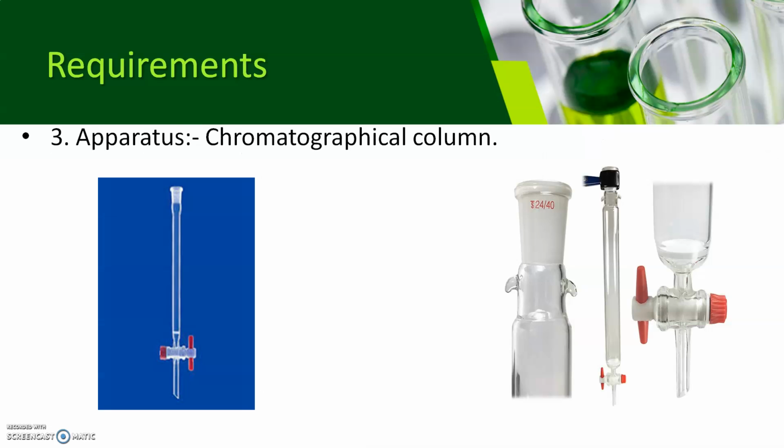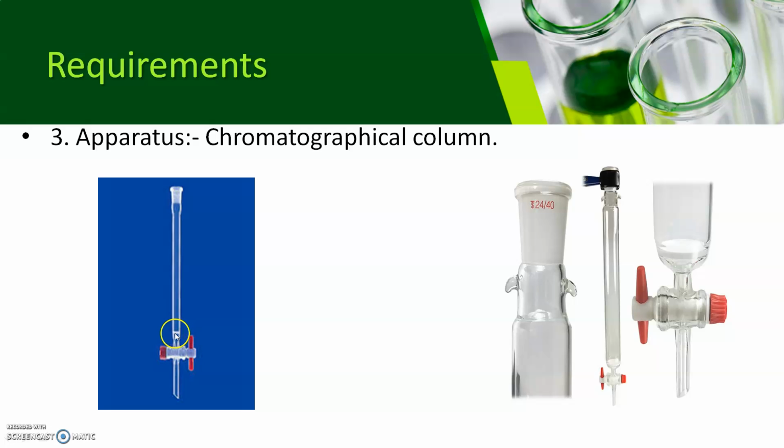Next is the apparatus. This is an important apparatus, that is the column, a glass column, also called a chromatographic glass column, which has specific characteristic features: it has a knob and it has a filter.